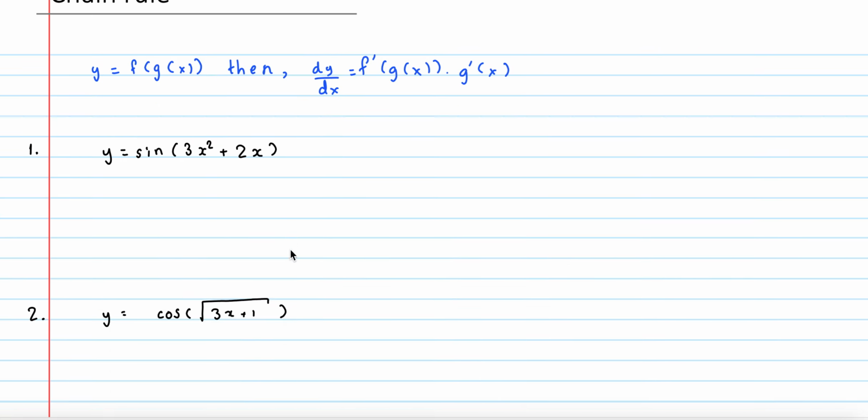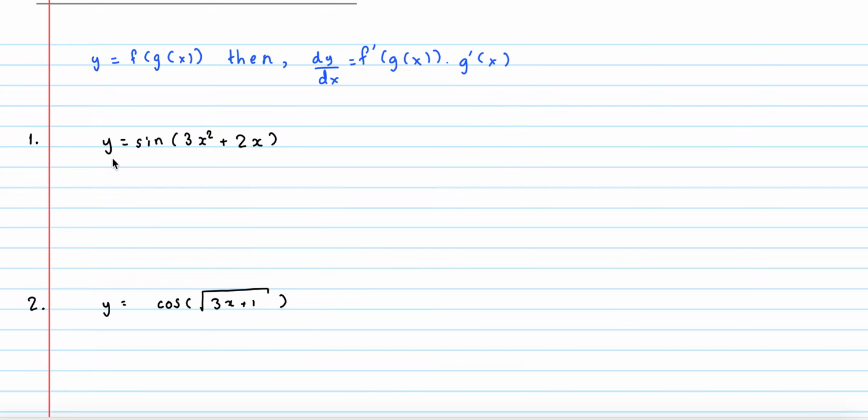Let's do some examples. For the first one, we have y equal to sine of 3x squared plus 2x. So here we have the outer function, which is the sine function, and the inner function, which is 3x squared plus 2x.